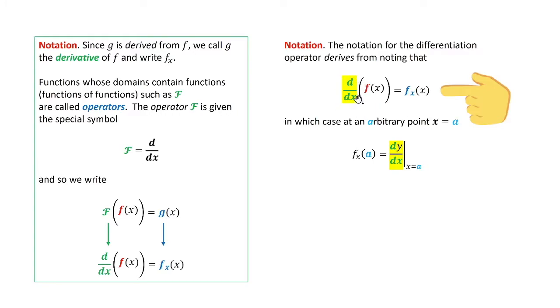This is a function. This is an operator, in fact. It takes a function in, not a number, a function in, and gives me a function out. That's what this does. And so why call it this? Because I'm trying to remind you that this is related to the slope of the tangent line.